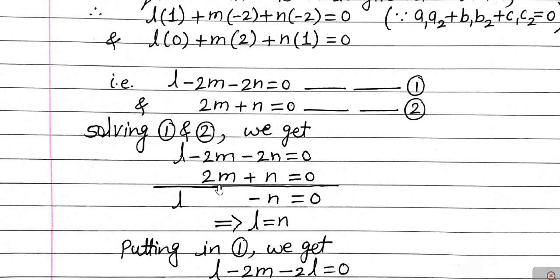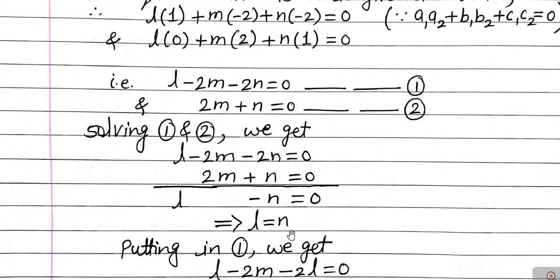So after taking their summation, the middle term will get cancelled and we'll get L, then 2M minus 2M cancelled, then minus 2N plus N is simply minus N equal to 0, which implies that L is equal to N.